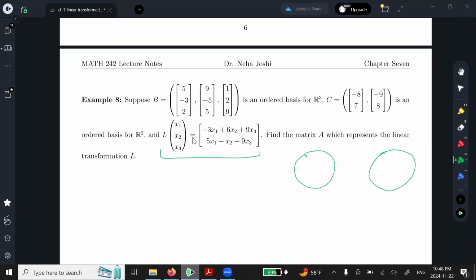It's not similar to what we saw in the previous video. Now, again, my domain is still R3 and my codomain is still R2, but the representation of each vector is affected. So I'm picking a vector in R3, which is represented with respect to basis B, because that's what we are dealing with.